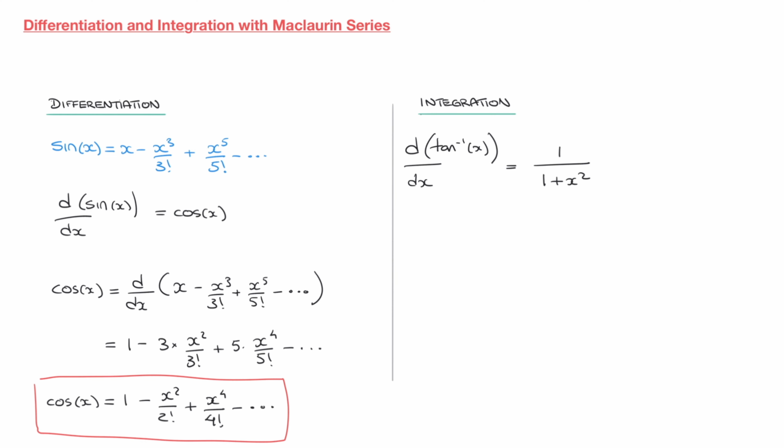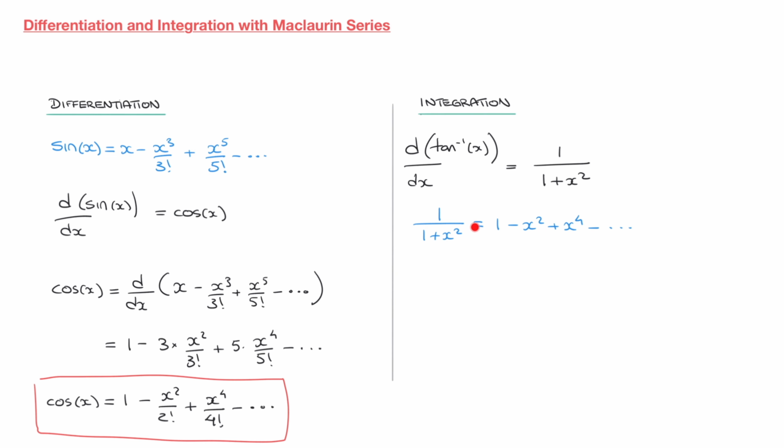And in one of our previous videos, we saw in detail how to find the Maclaurin series of this function. Indeed, the Maclaurin series for 1 over 1 plus x squared is equal to the infinite sum 1 minus x squared plus x to the power of 4, and so on and so forth.